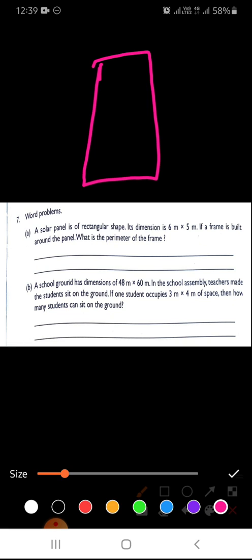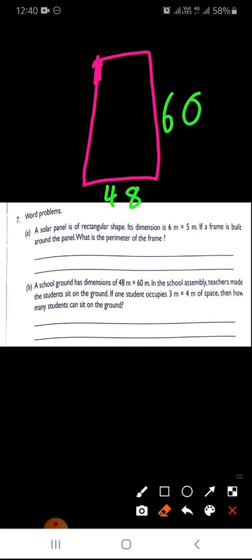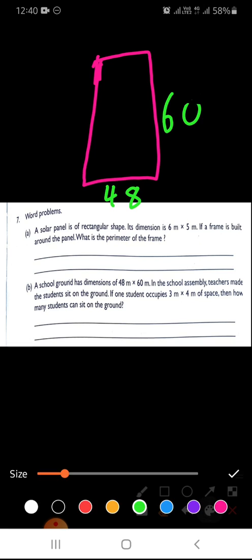This is also a rectangle, and in this case the breadth is longer than the length. Now what you have to do in this case is find the number of students that can sit in the ground.